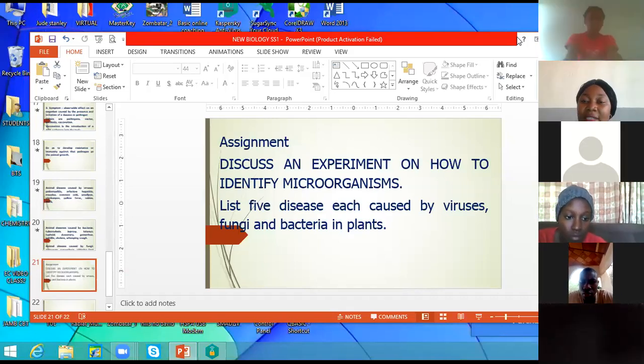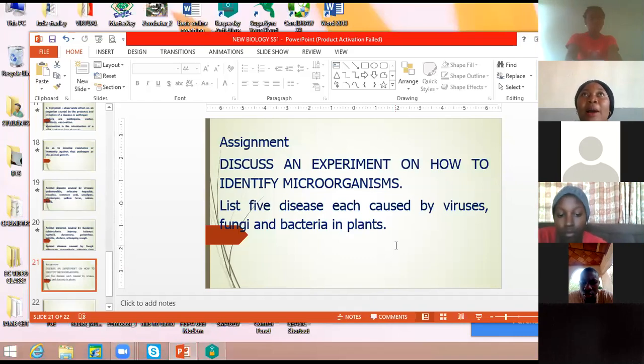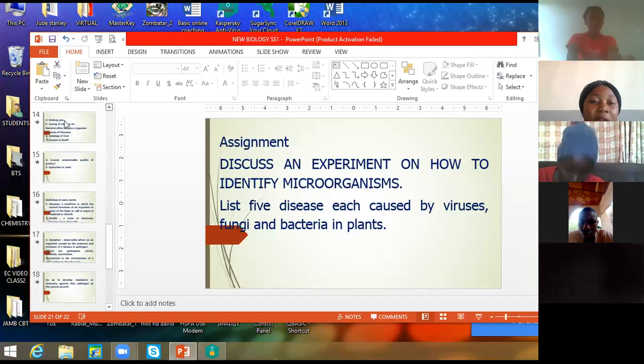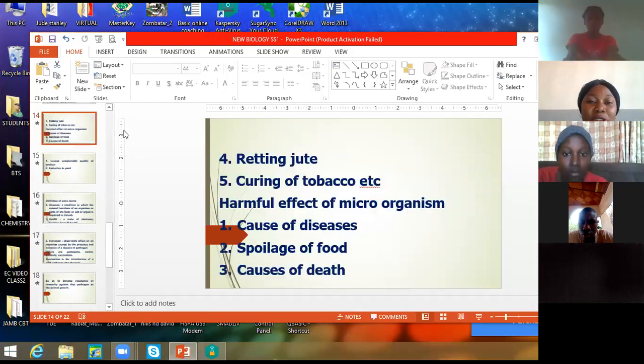Ma, what is retting jute? It's a kind of, let me go back to it. I think it's one of the beneficial effects of microorganisms, isn't it? It's in your textbook, look at it, retted jute.